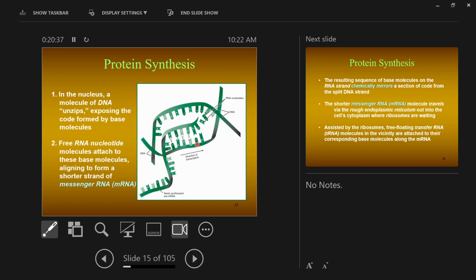If this one happens to randomly bump into this one and it fits, it'll lock in, okay? And if another one happens to randomly bump in and fit, it'll lock in here and here and here and here, okay? Building this long chain of something called pre-mRNA, or in other words, messenger RNA, mRNA, M for messenger, okay?